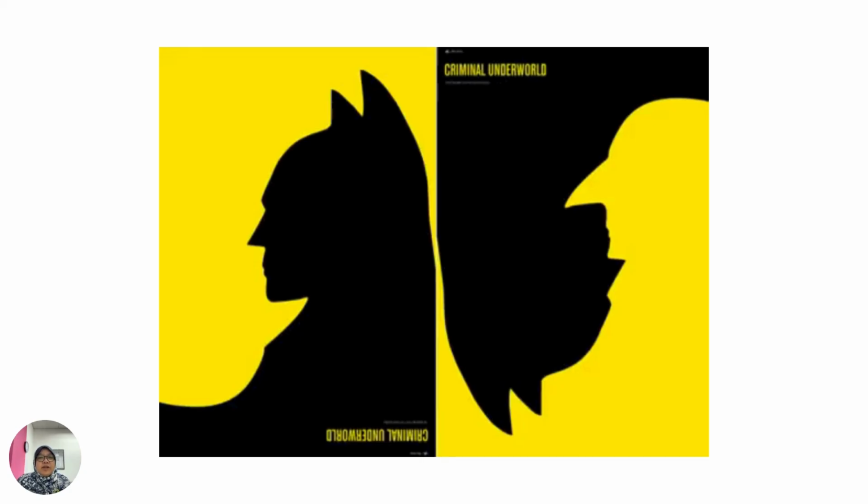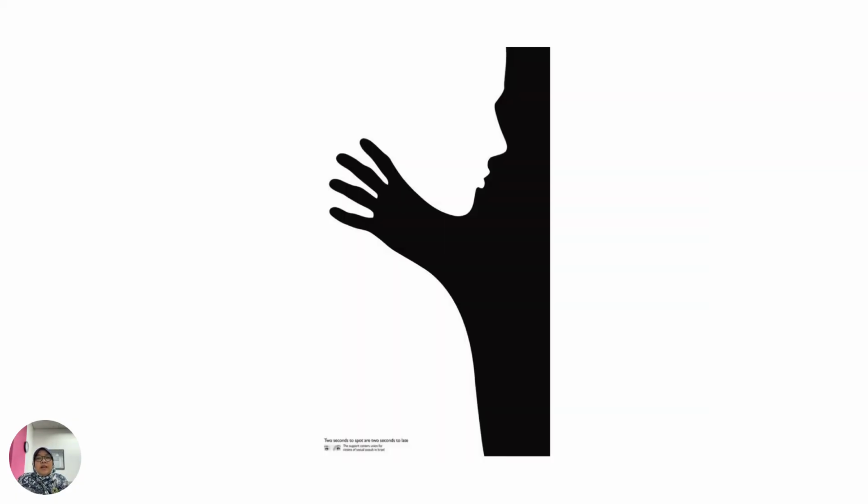For example, the designer here created this Batman, but then again, when you flip the poster, it will look like the villain. Is it Robin or something? I forgot the villain's name. And this is something that you should look into.